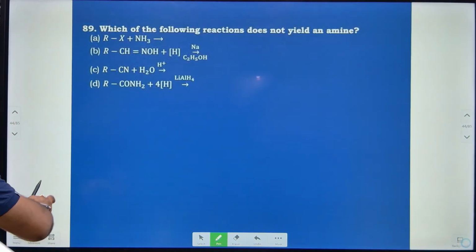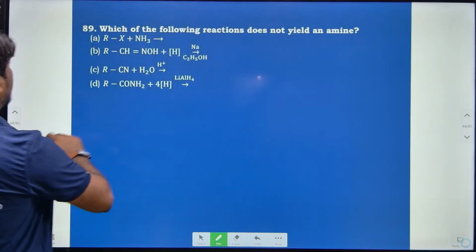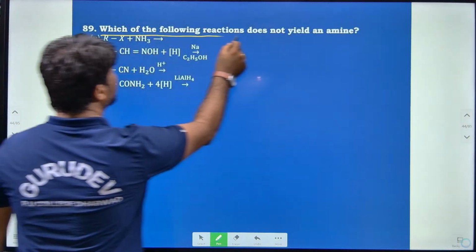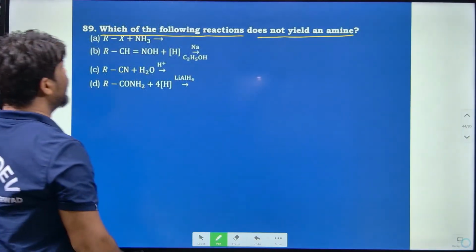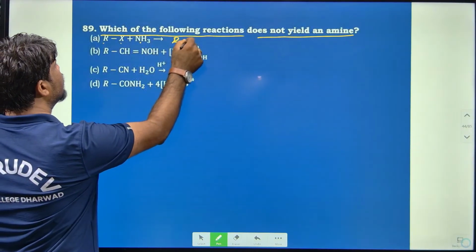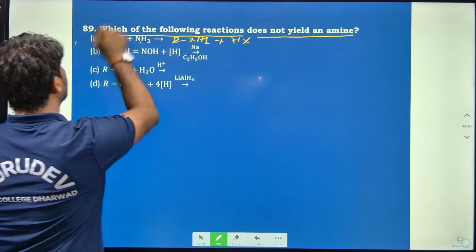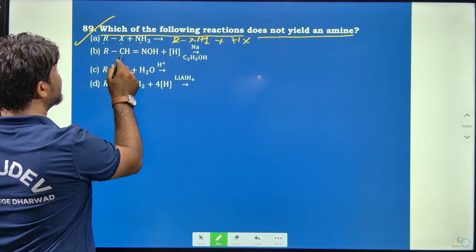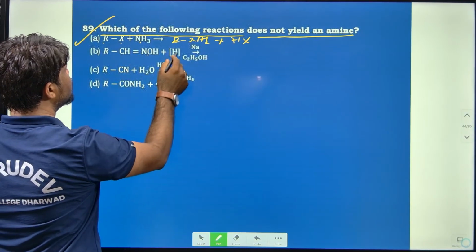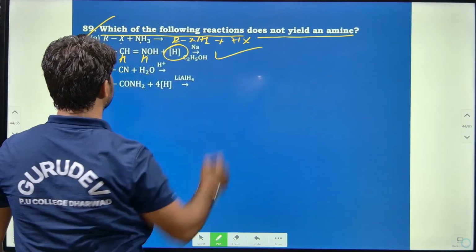Go to question number 89. Which of the following reactions does not yield an amine? When RX reacts with NH3, of course, it gives amine along with formation of HX. Then RCH=NOH, when it undergoes reduction, yes, of course, the hydrogens are added, it also gives amines.